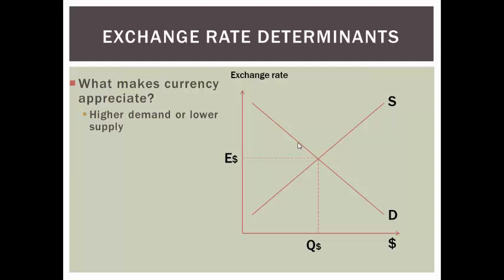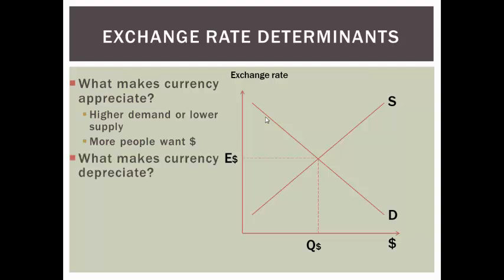So higher demand or lower supply. Remember, we're lowering supply by moving the supply curve to the left. Don't move it up and down. Move it either right for an increase or left for a decrease. So how is this going to be possible? Higher demand is going to happen when people want more dollars. Lower supply means that we are not really wanting to keep our dollars, but we'll talk about that in a second. It will make more sense.